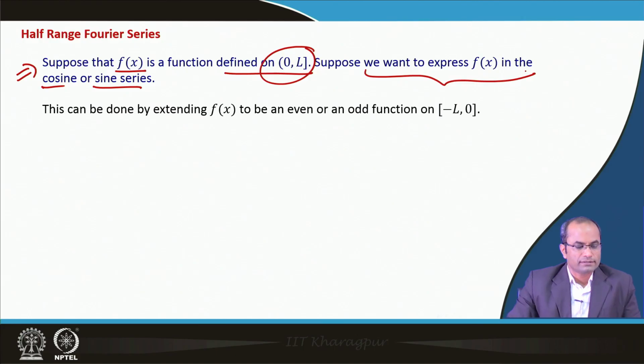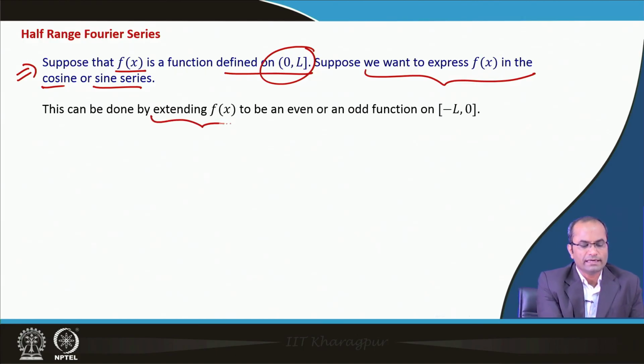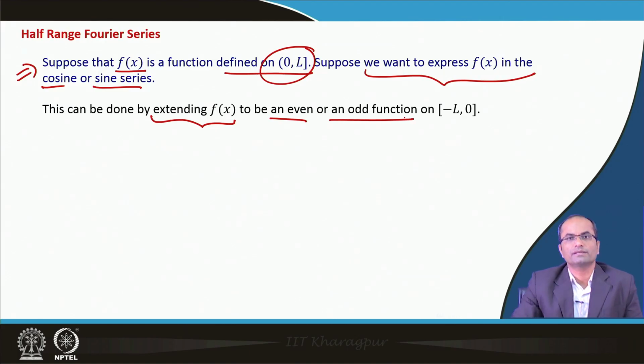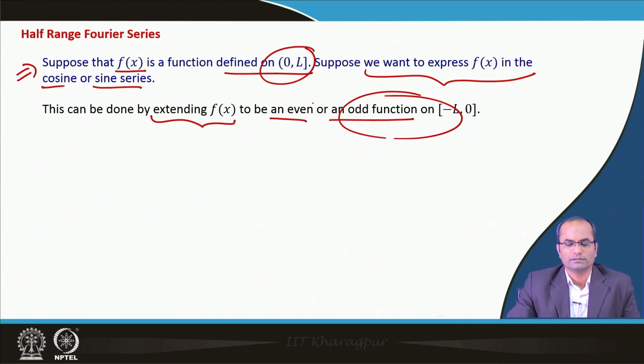So, how to do that? This can be done by extending this f(x) to an even or an odd function, and this is exactly the idea from the previous lecture, that once we have an even function, then its Fourier series will have only cosine terms, and when we have an odd function, then its series will have only the sine terms.